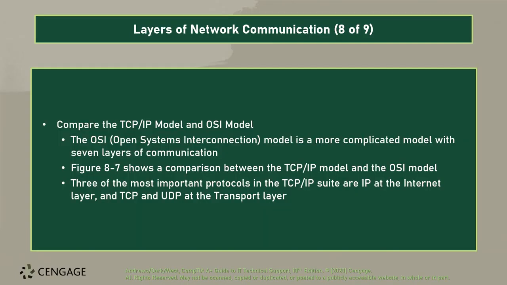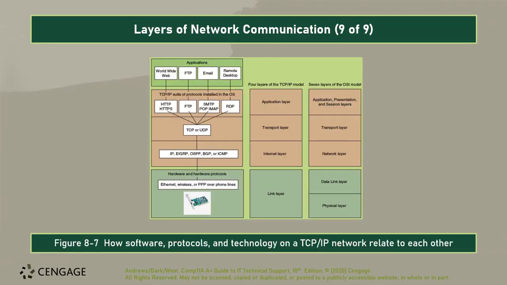Now, as I said a little bit earlier, the TCP/IP model and the OSI model are very closely related, but the comparison is a little bit difficult sometimes because of the merging of layers between the 7 layers of the OSI and the 4 layers of the TCP model. So here we can see the way that's laid out.